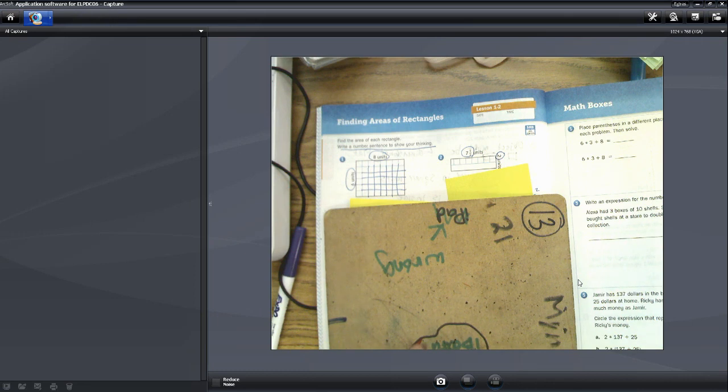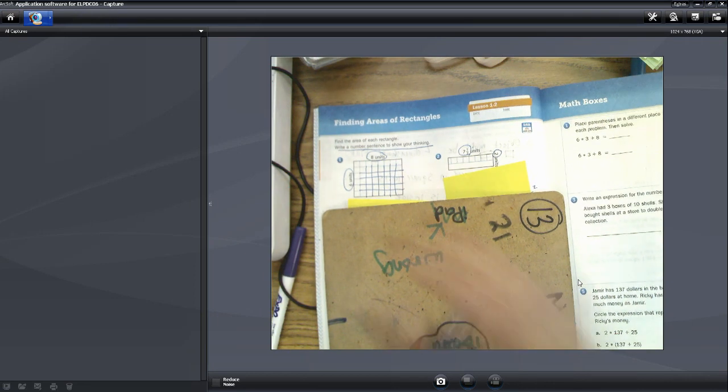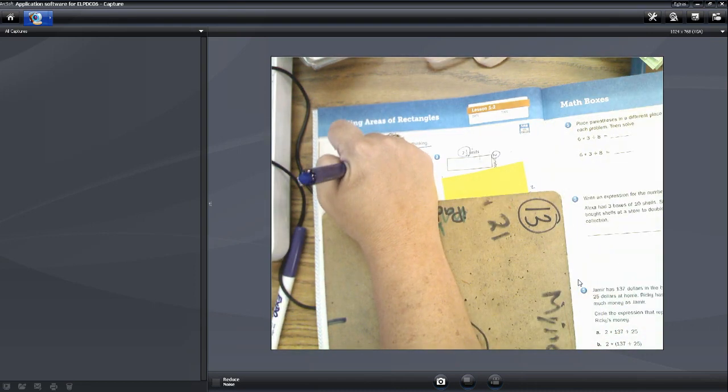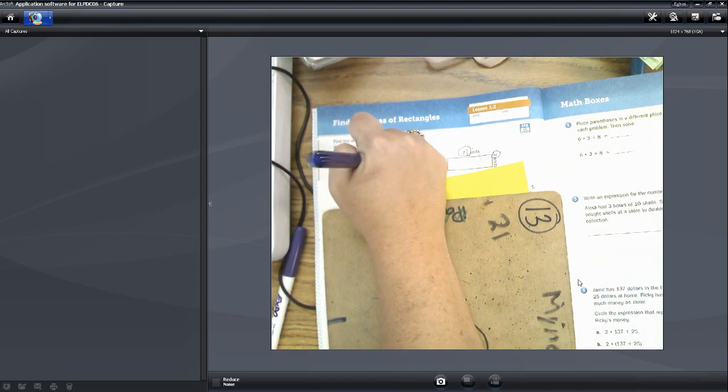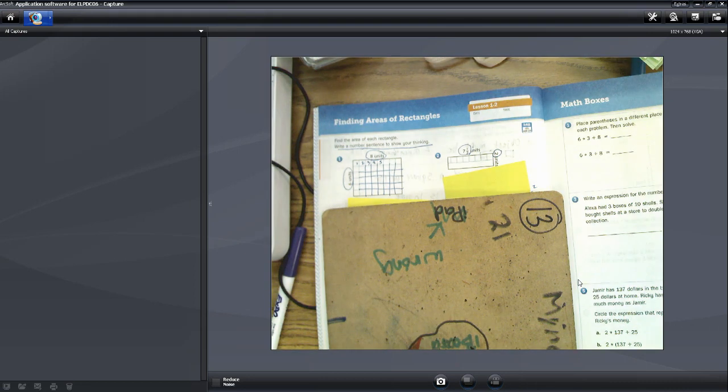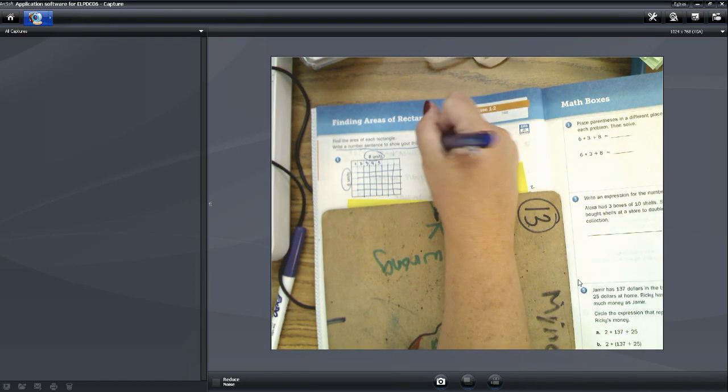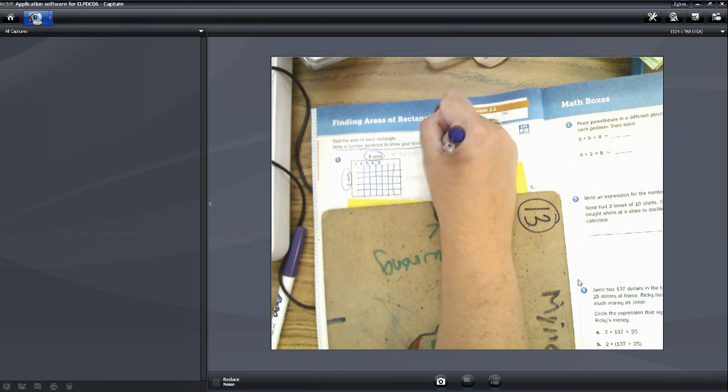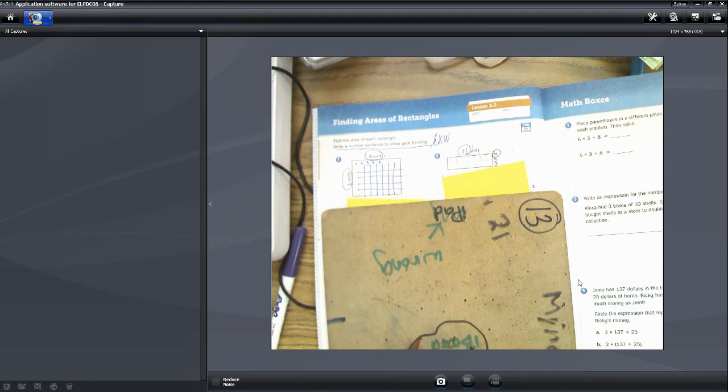For this one, maybe you could still do it. Absolutely, you can go through and count each of the squares. 1, 2, 3, 4, 5, and keep going until you have your answer. Or you can just use the awesome length times width formula.